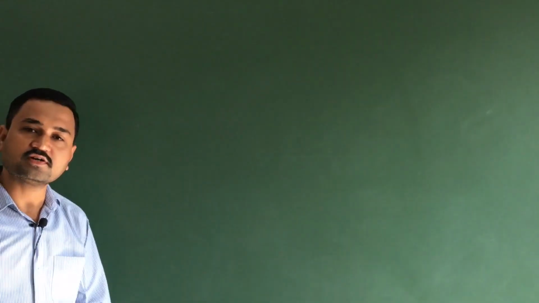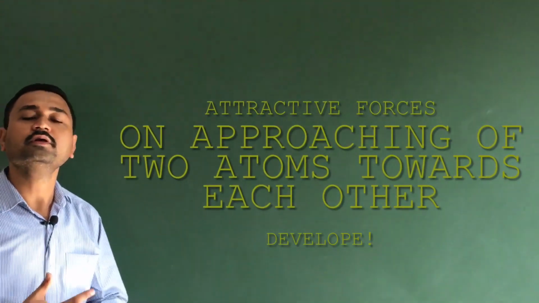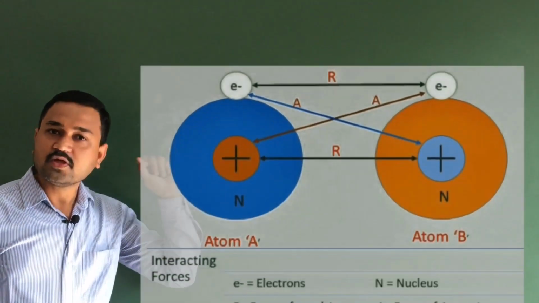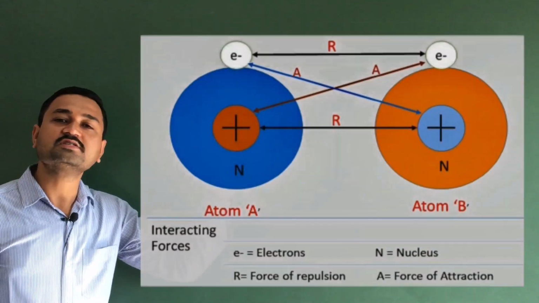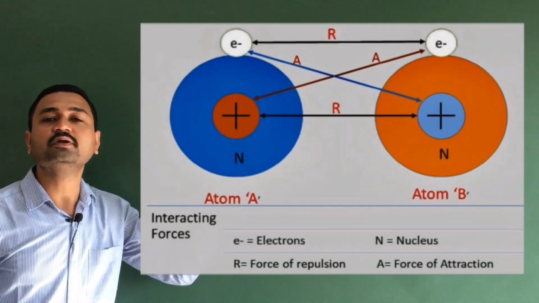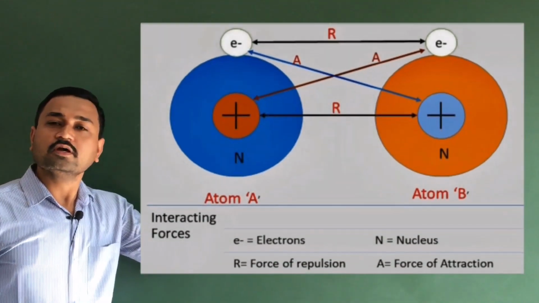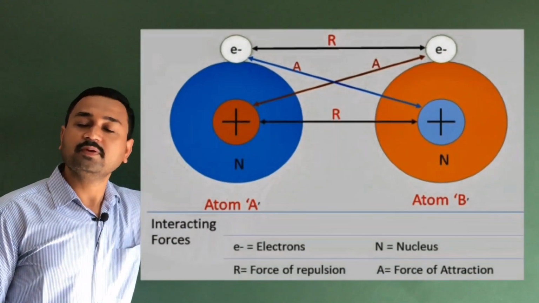Let us consider the first type, that is how the attractive forces are developed during the approach of two atoms. So here I have shown in the diagram the two atoms along with their nucleus and the attractive forces and the repulsive forces which are developed between these two atoms. Now here you can observe that the nucleus of A atom attracts the electron of B atom.